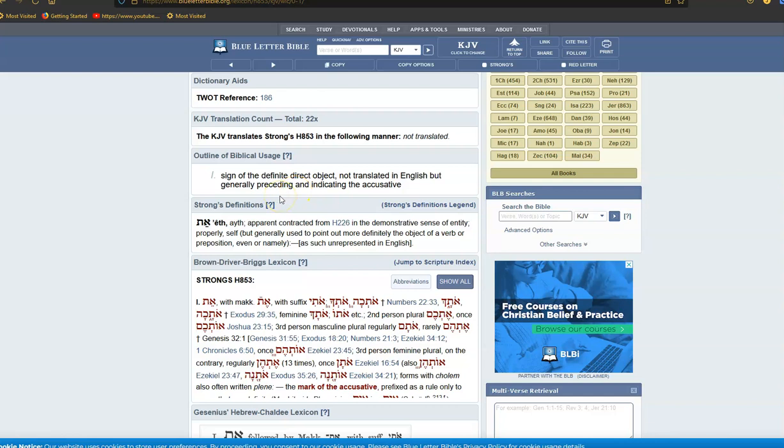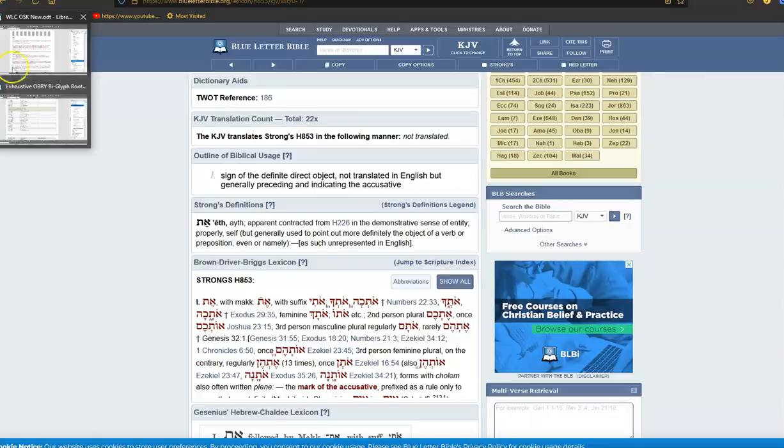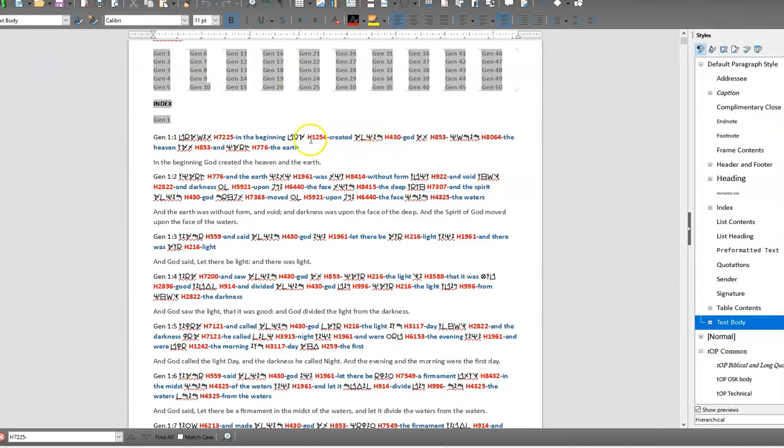So the accusative is typically going to be the object that they say is being acted on by the verb, right? So if we go back here, the verb, of course, they're saying is bara, and the objects here are the Shamayim, which is translated the heaven, and Eretz, the earth, ve'et, so you have et again.